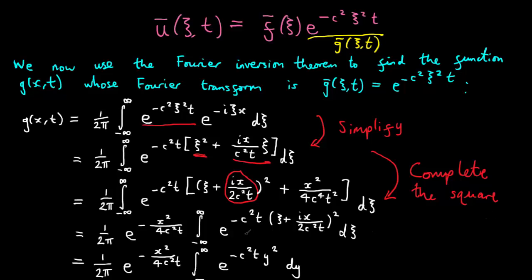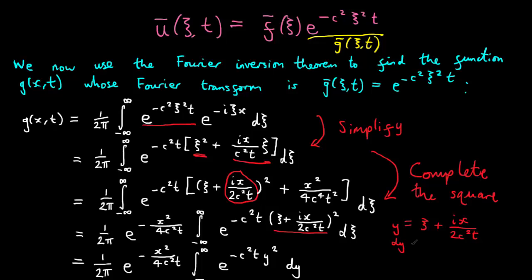The next step is going to involve a couple of substitutions. The first substitution that we're going to do is to look at this bracket here and call that, let's say, y. So y is going to be psi plus ix over 2c squared t.